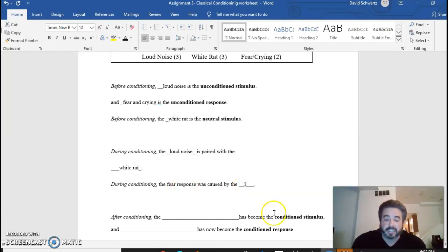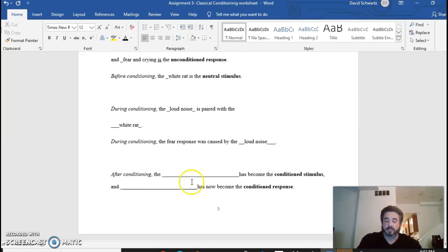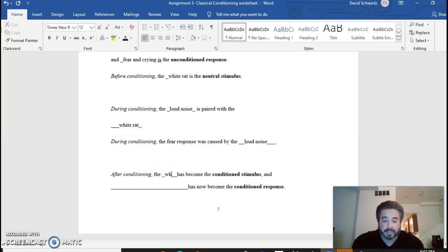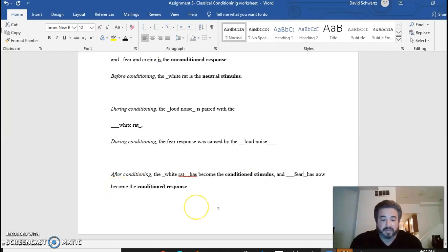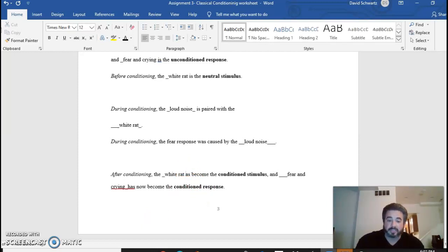So the fear response here is still being caused by the loud noise. It's only after conditioning that the white rat has become the conditioned stimulus, producing the fear response, meaning that the fear and crying has now become the conditioned response because it occurs in response to the conditioned stimulus.